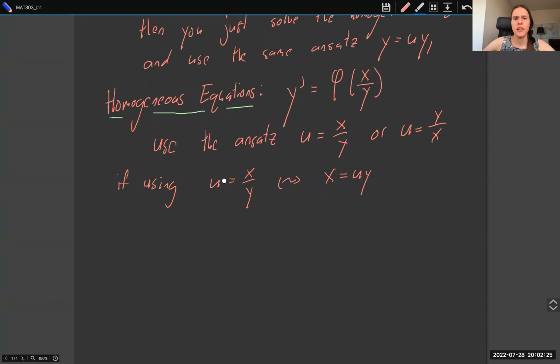I'm going to use the other ansatz. I'm going to use u is equal to y over x. So y is equal to ux. And then I'm going to put y over x here. Let's do it like this.